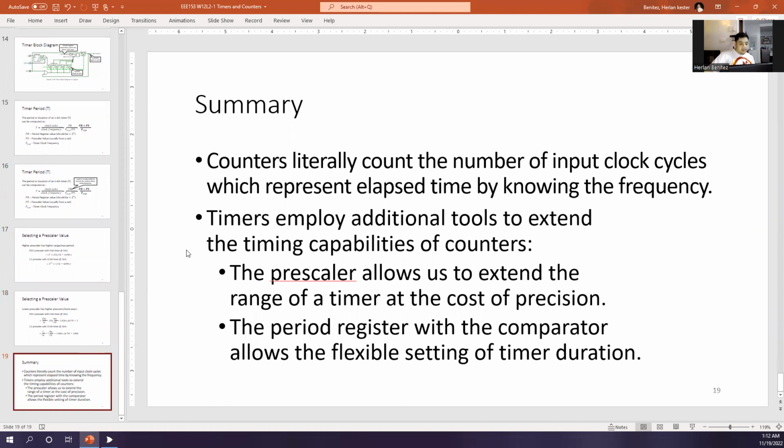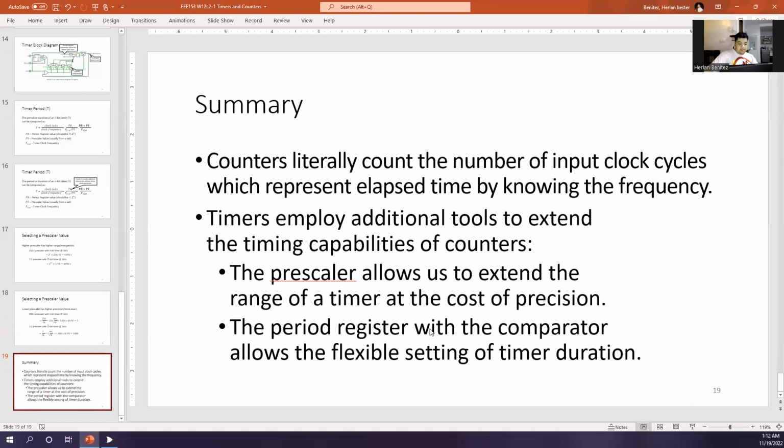And then, meron tayong ginagamit na tools to extend yung timing capabilities ng counters natin, or yung timers natin. So, mahirap naman if fix lang lagi parati yung counter natin, hindi natin ma-adjust yung delay. So, yung prescaler allows us to extend yung range ng timer at the cost of precision.